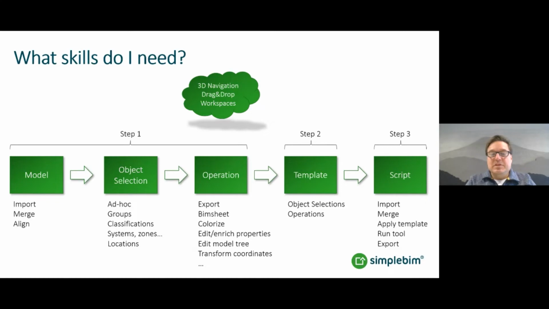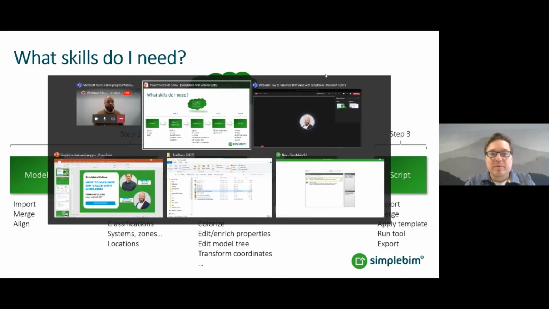Okay, so this is basically laying out the map, so what you need to know and in which order you are doing things. So let's jump to how it's then actually done in Simplebim.